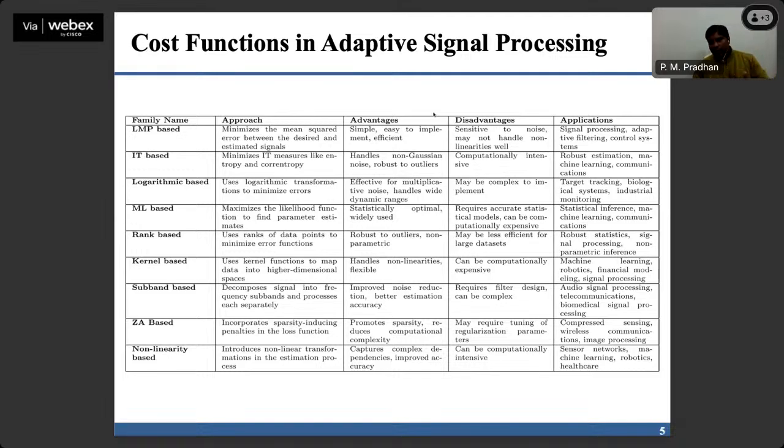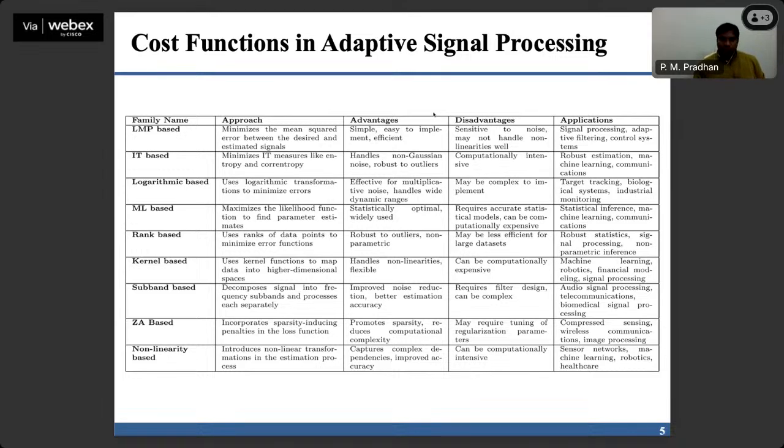In the disadvantage column, you'll see that a few cost functions are very complex, a few are very sensitive to noise, and a few require lots of tuning of parameters. So each has some pros and cons. Based on the requirement of the application, which is listed in the last column, you can choose the corresponding cost function.